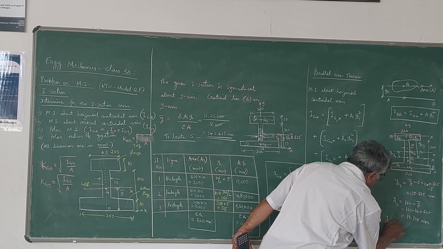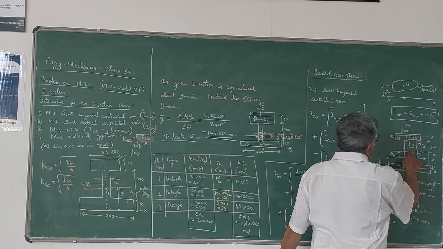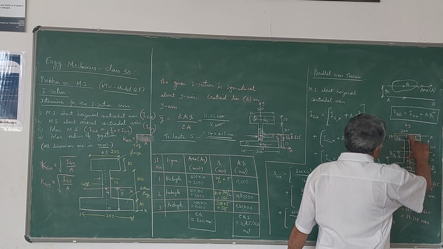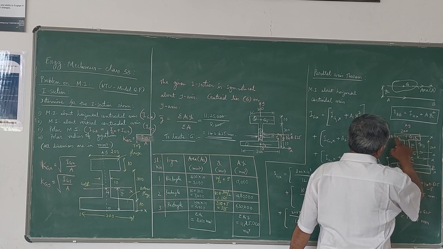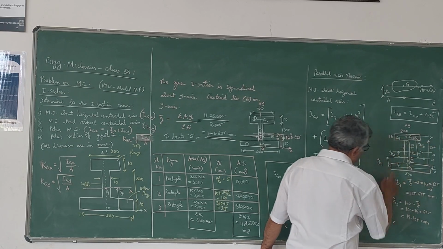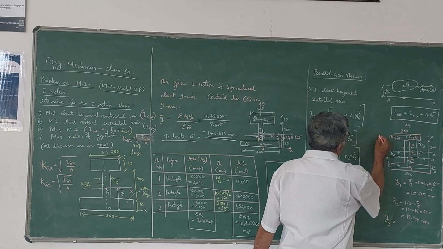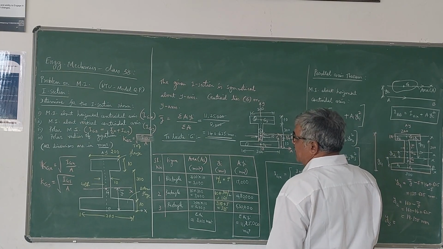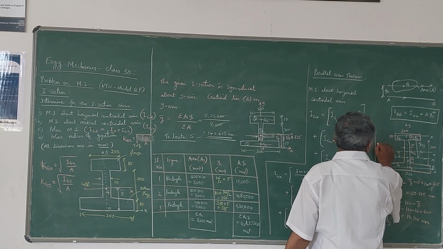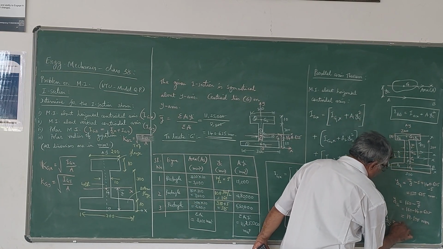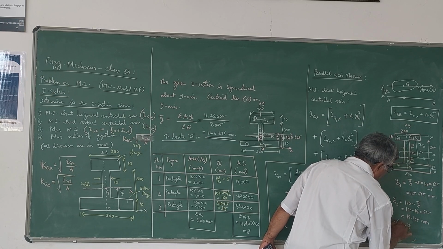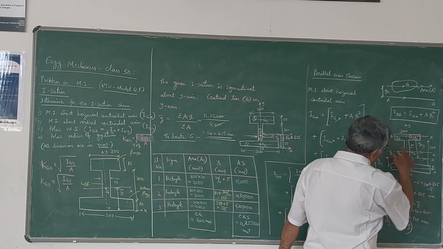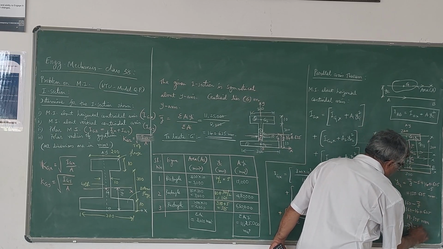Let us see. YC3 is the distance between G3 and G. For that, we take the entire thing minus half of 10. The entire thing is once again the overall depth minus y bar. The overall depth of the I section is 300 plus 10, plus 10, that is 320. So 320 minus y bar is the distance from G to the top, and from that I have to deduct half of 10, which is 5.